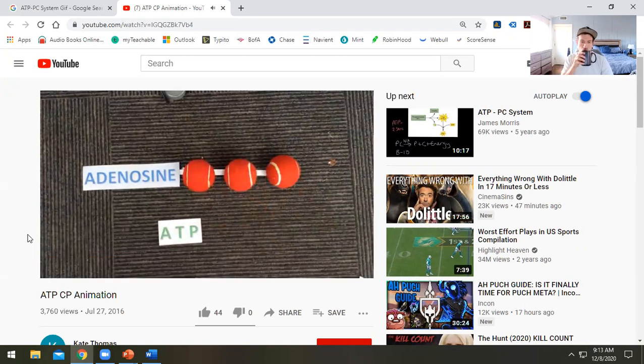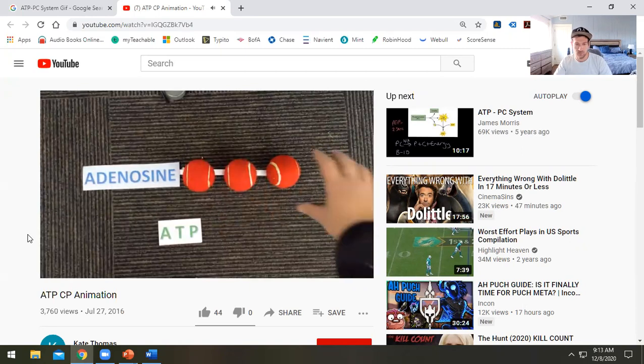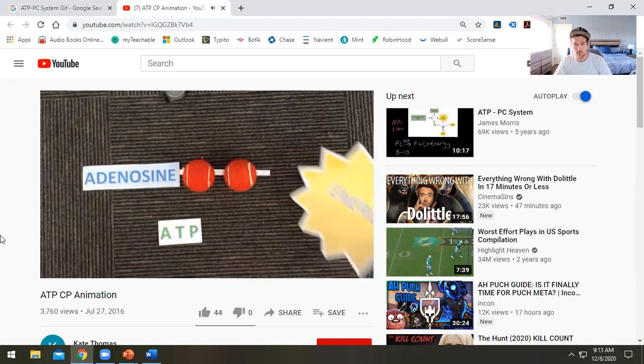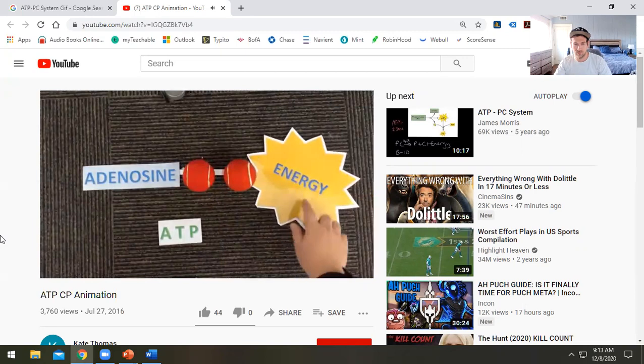We can often refer to this as a fully charged battery. For energy to be released, one of these phosphate groups needs to break off. So we'll break this one off. And when that bond breaks, this produces a great amount of energy, which is here.